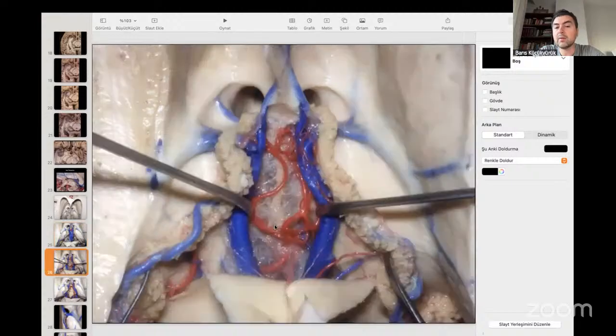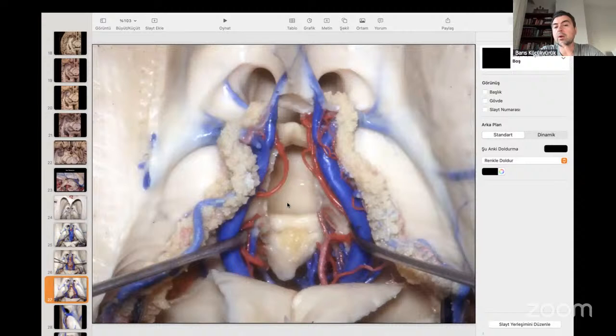When we go a little bit deeper, we see these arterial structures better. And then we see, as a fourth layer, the arachnoidal layer. The first one was the tela, then the vein, the artery, and the fourth layer is again this arachnoidal layer. And then we open it and go into the third ventricle.